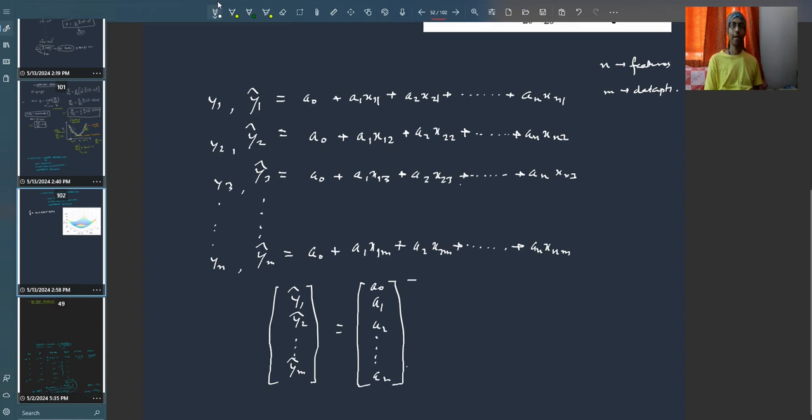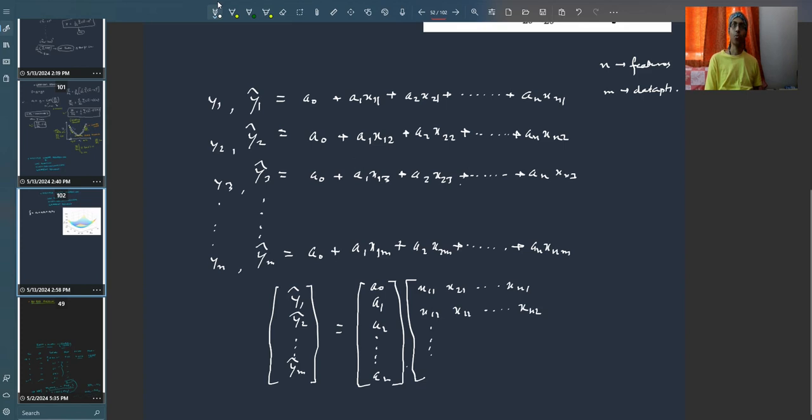multiplied by the matrix of the features. So x11, x21 dot dot dot xn1, x12, x22 dot dot dot xn2.